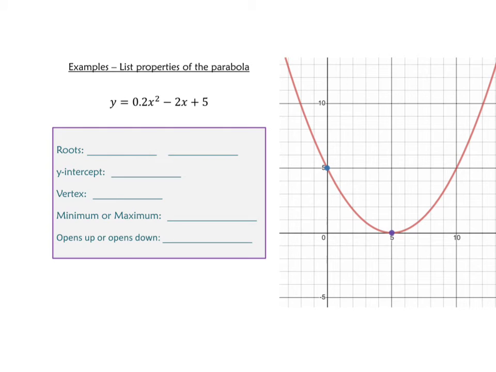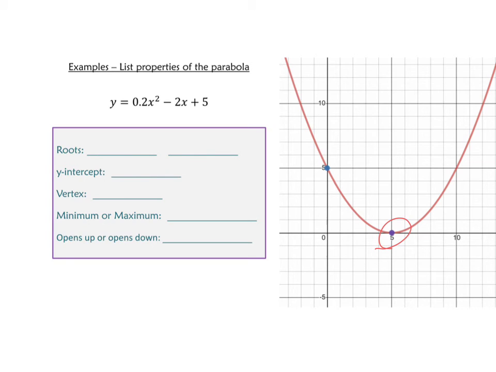All right, here is our next. It's 0.2 x squared minus 2x plus 5. But look at this. How many times is it across the x-axis? If you said once, you're right.